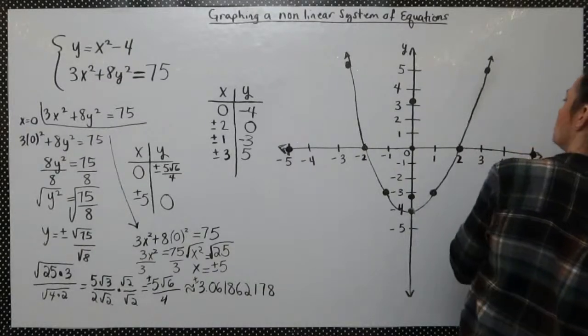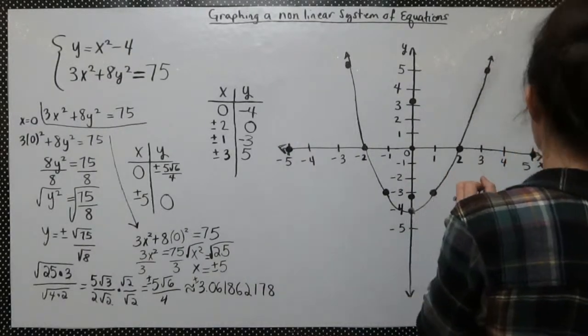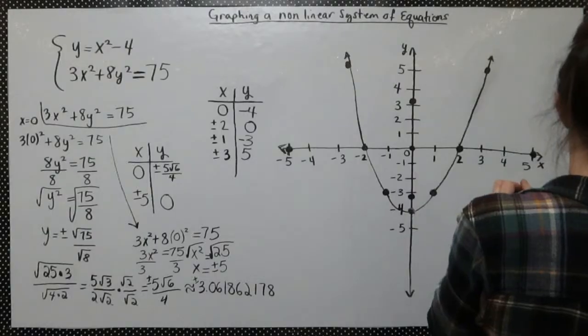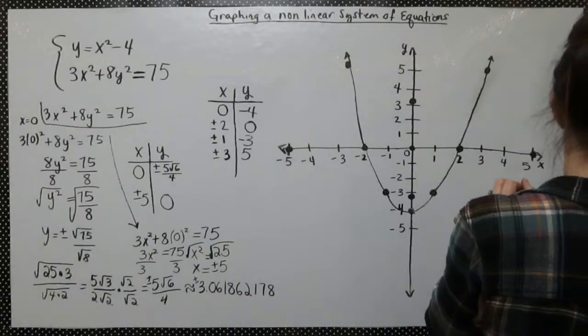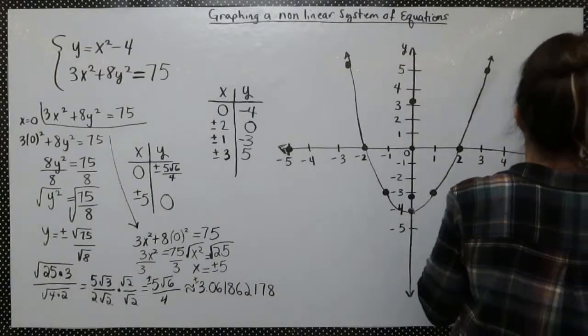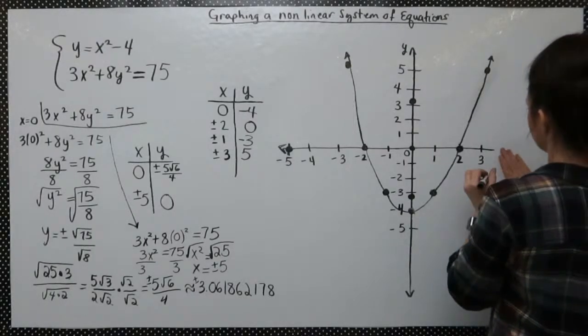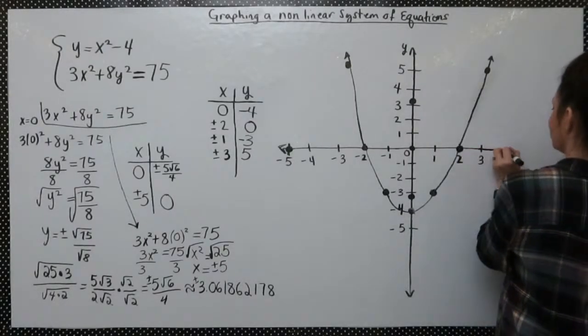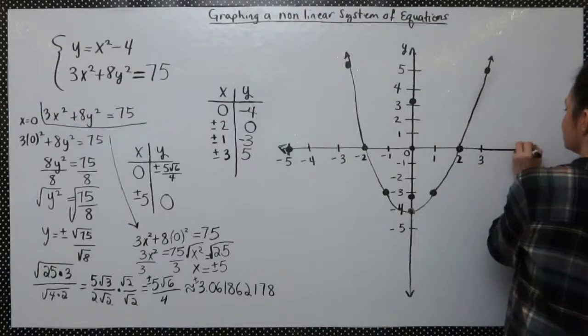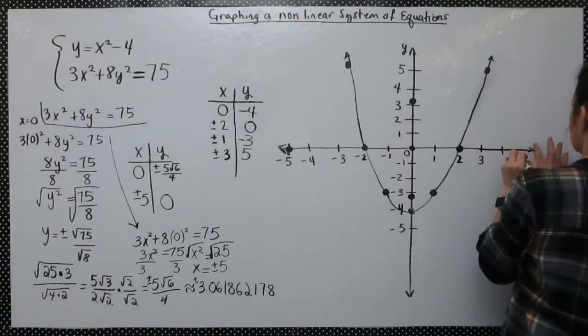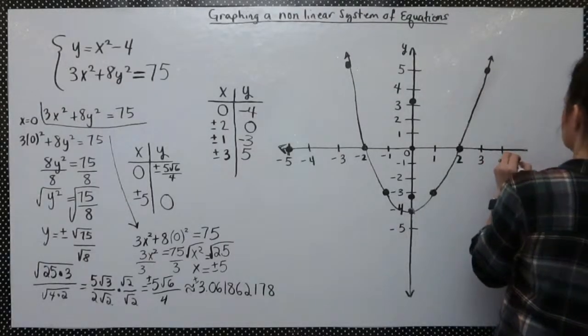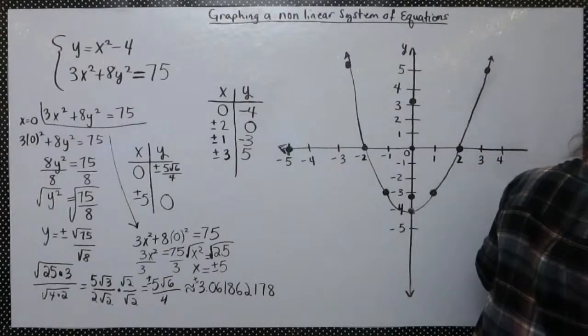And so I want to decide here. Let me make this a little bit cleaner. This is a perfectly horizontal line. It doesn't look that way.